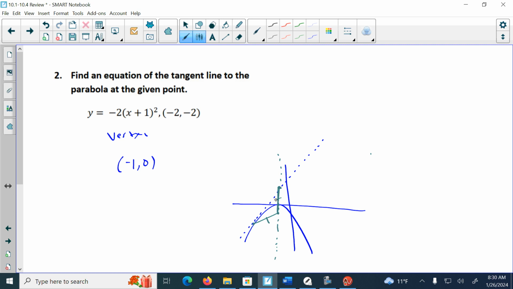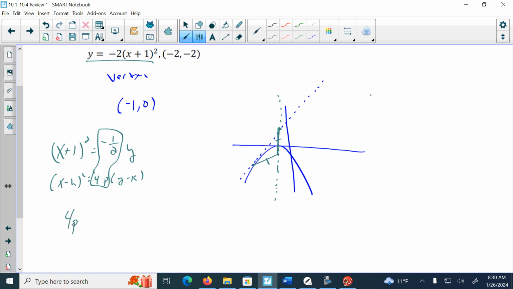Remember, the x squared is on one side by itself, so I'm going to rewrite this as x plus 1 squared is equal to, divide both sides by -2, so this will be -1/2 y. So then when I think of my equation, this is like x minus h squared is equal to 4p times y minus k. This 4p is equal to this -1/2.